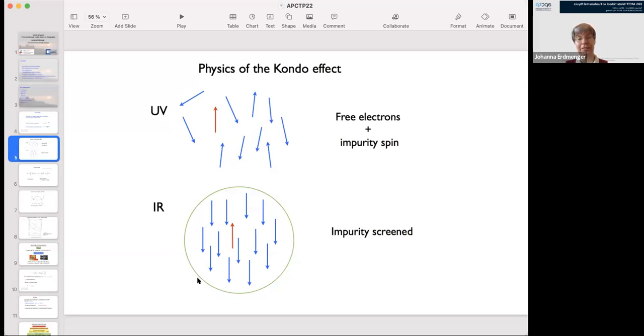So if you're outside this green region, you just can't see the spin anymore. This is what's referred to as screening. It is actually a very interesting strong coupling interaction effect, and that's why there was a lot of interest also from the theory side.